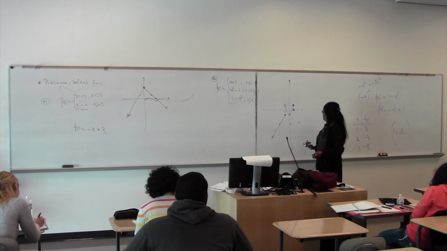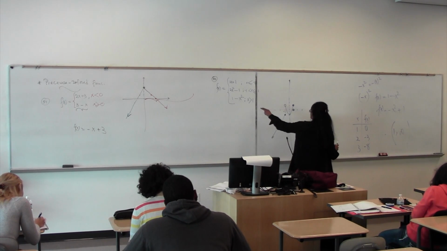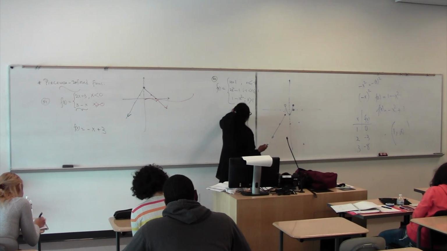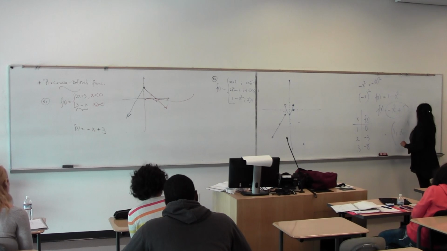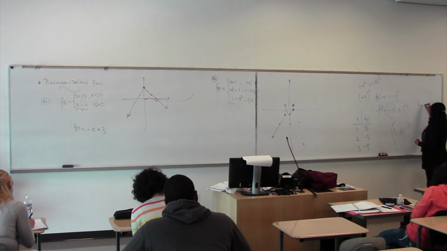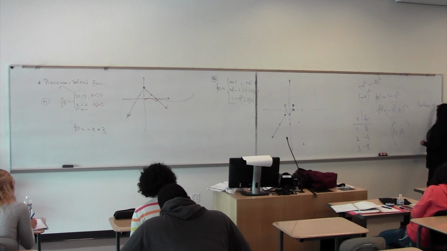Right? Okay guys, what is the vertex here? What's the vertex? The x coordinate of the vertex is -b over 2a, b is 0, correct?